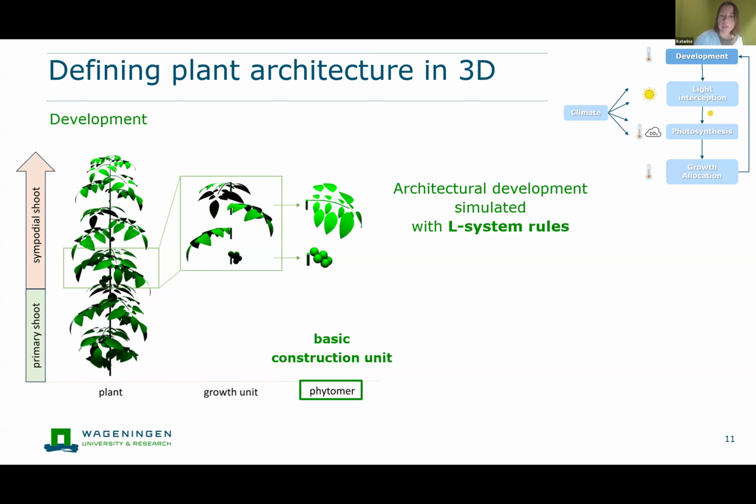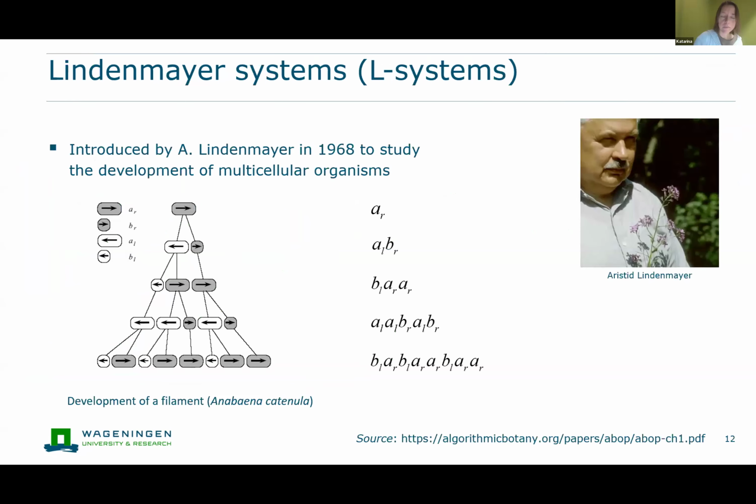And to describe it, we use L-system rules. So I will jump quickly to L-system rules. They were introduced by Aristide Lindenmayer back in '68 to study the development of algae. He was a Hungarian botanist. He also spent quite some time in the Netherlands.